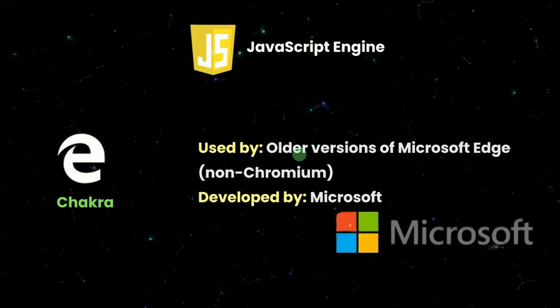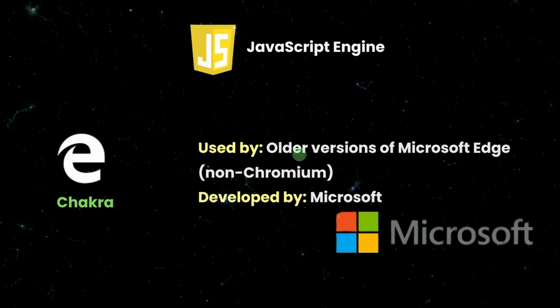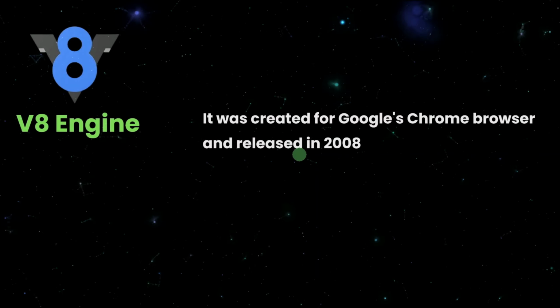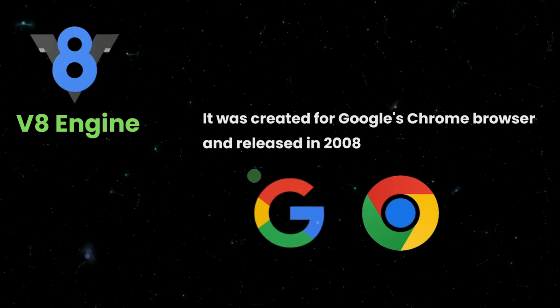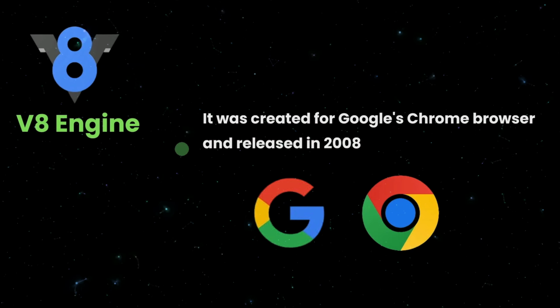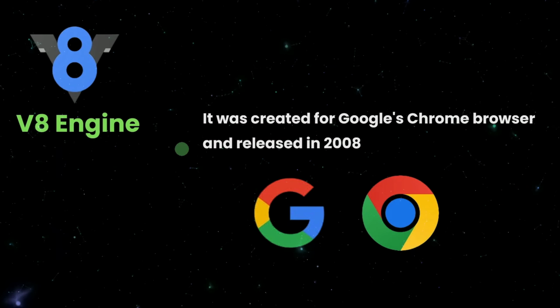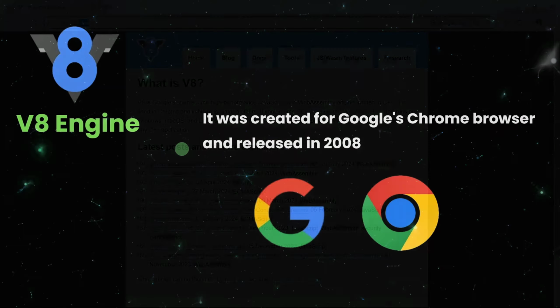In this course, our main focus is to learn Node.js, which is a JavaScript runtime environment using the V8 engine. This engine was created for Google's Chrome browser and released in 2008. Why are we focused only on the V8 engine? Let us understand that.